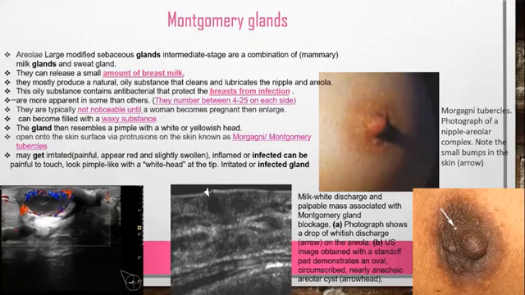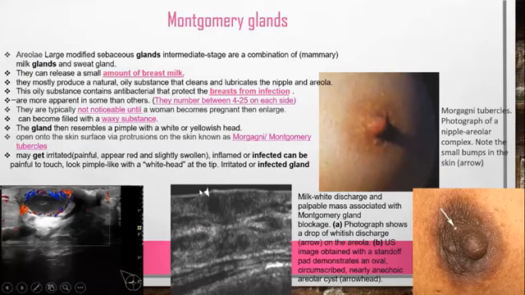However, sometimes the ducts of these glands get blocked, and get inflamed.